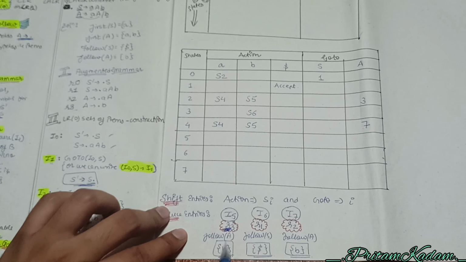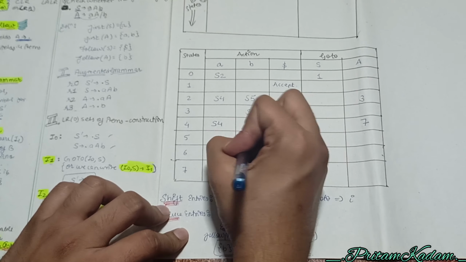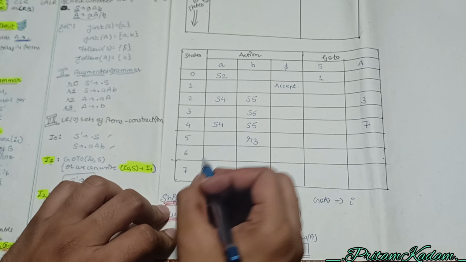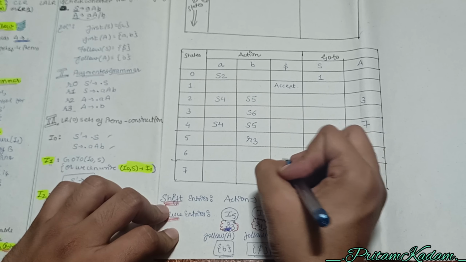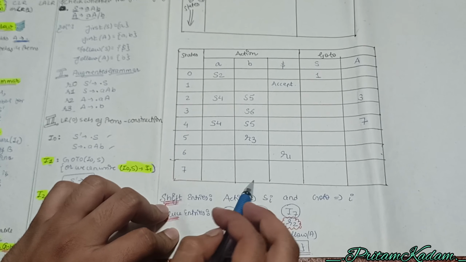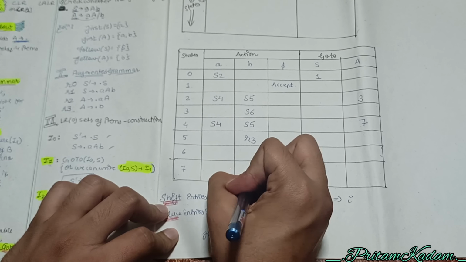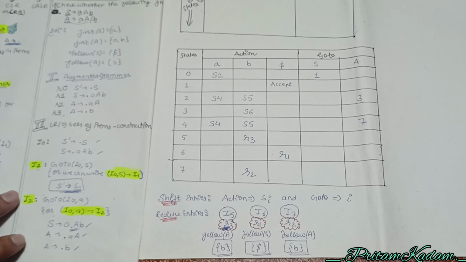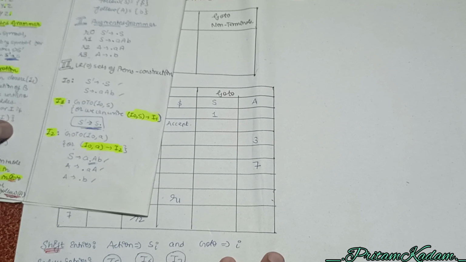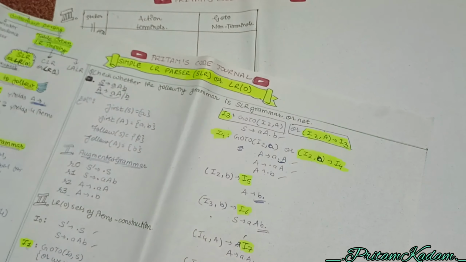So let us write it down. In I5 b, I will write R3, in the I6 dollar, I will write R1, and in the I7 b, I will write R2. Okay, so we have completed the shift and reduce entries in the SLR parsing table.